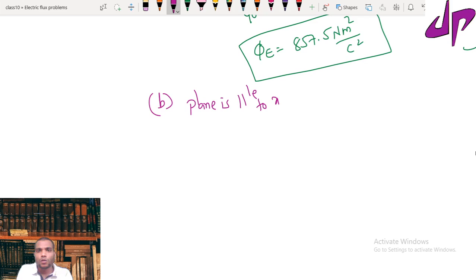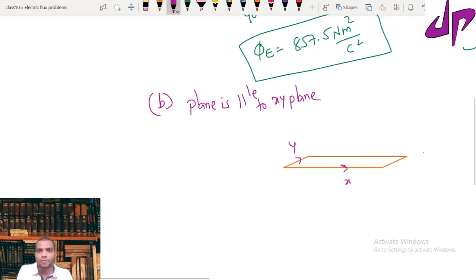If I draw the plane first, and take it as the x and y plane, I can mention this is my x-axis and this is my y-axis. And the z-axis is along this direction. Now this is our plane.